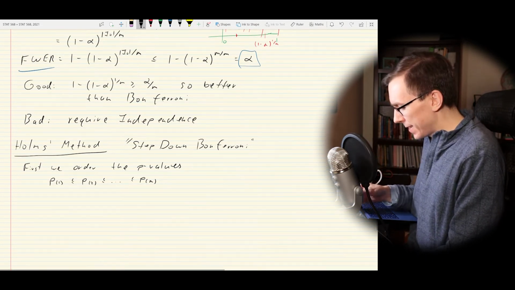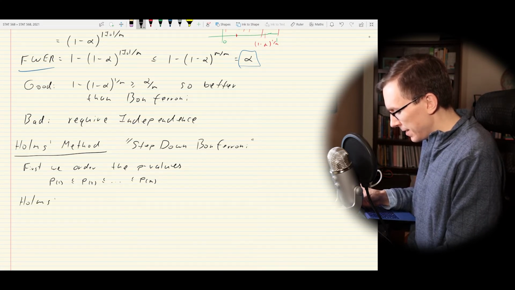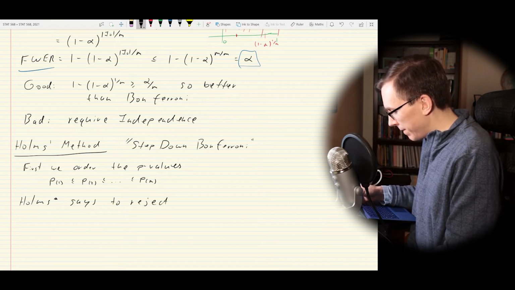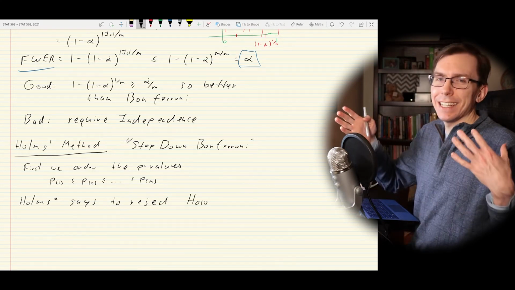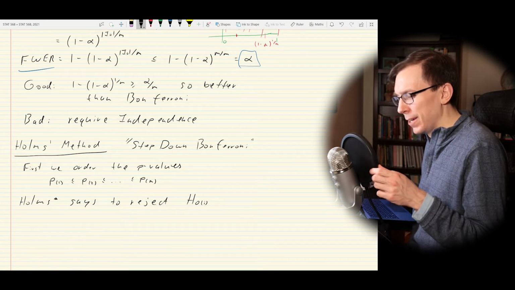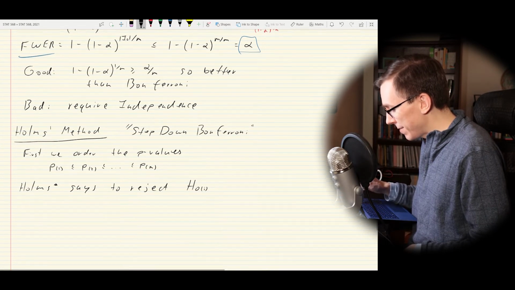And then Holm's method says to reject H naught (i). I'm putting i in parentheses just to indicate that we've ordered the hypotheses so that they line up with the ordered p-values.